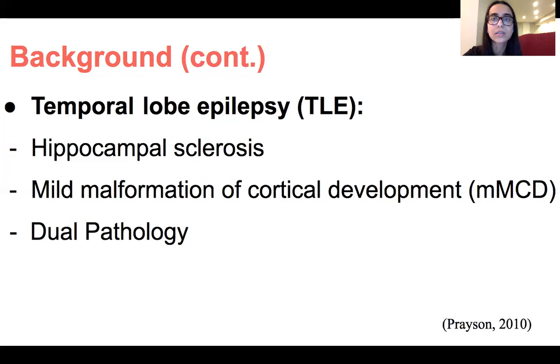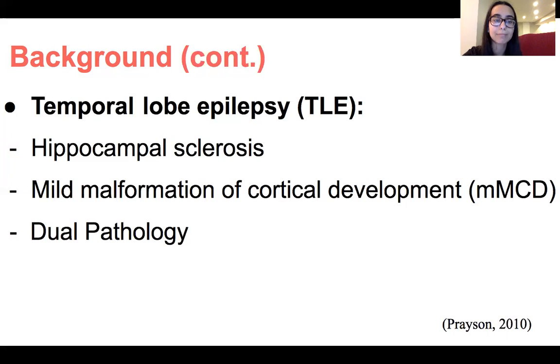Hippocampal sclerosis is the most common pathology associated with temporal lobe epilepsy, or TLE, with the loss of neurons and granule cell dispersion. MMCD is another pathology associated with hippocampal sclerosis in the temporal lobe neocortex.